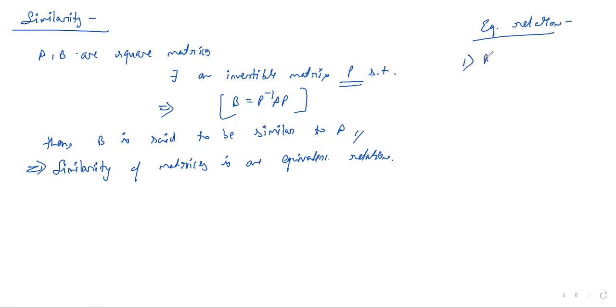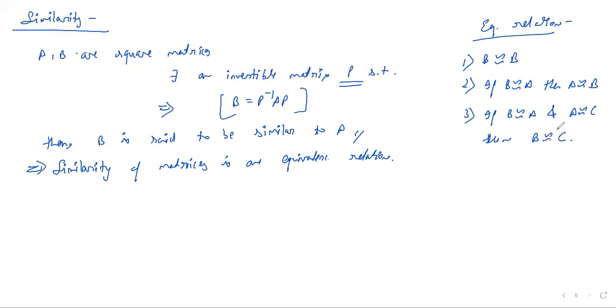First, B is equivalent to B. Second, if B is equivalent to A, then A is equivalent to B. And third, if B is equivalent to A and A is equivalent to C, then B is equivalent to C. Let's check whether the similarity of matrices actually follows these properties or not. For checking our very first condition, that B is equivalent to B, let's see whether it holds here.